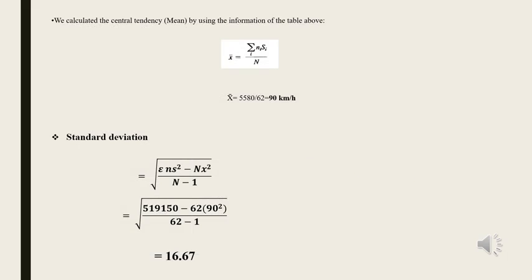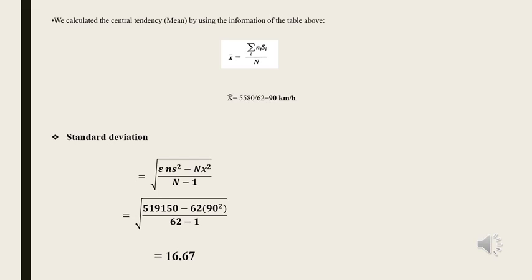In this slide, we calculated the mean and standard deviation using the information from the previous table. So we use this law to calculate the mean: X bar equals the summation of n multiplied by s, divided by capital N, where capital N is the sample size.